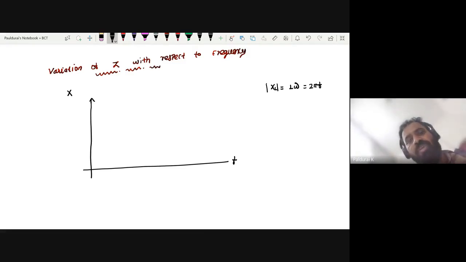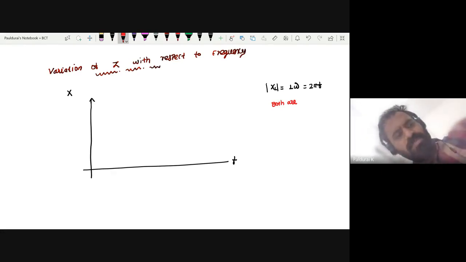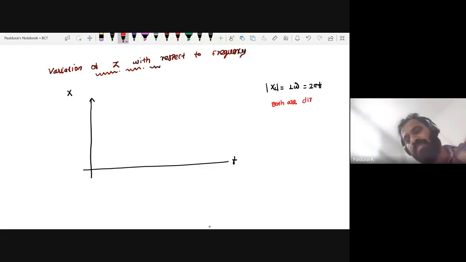So here, frequency and the reactance both are directly proportional to each other, or inversely proportional to each other? Frequency and reactance both are directly proportional to each other.